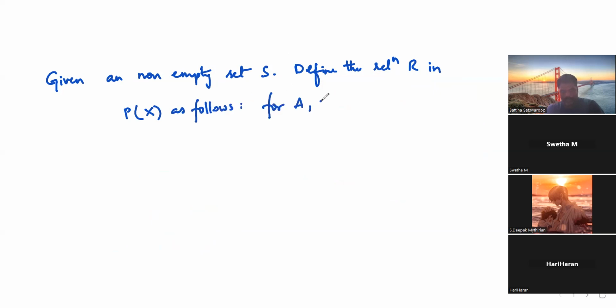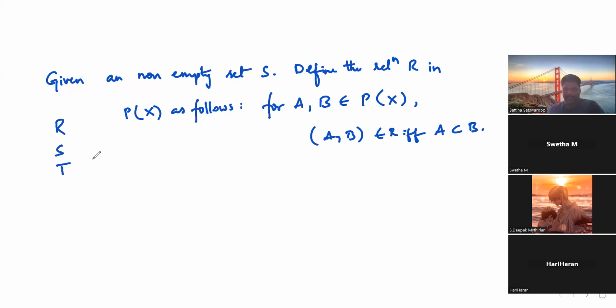For A, B belongs to P of X, A, B belongs to R if A is a subset of B. Prove that it is reflexive, transitive, but not symmetric, and they have given this.